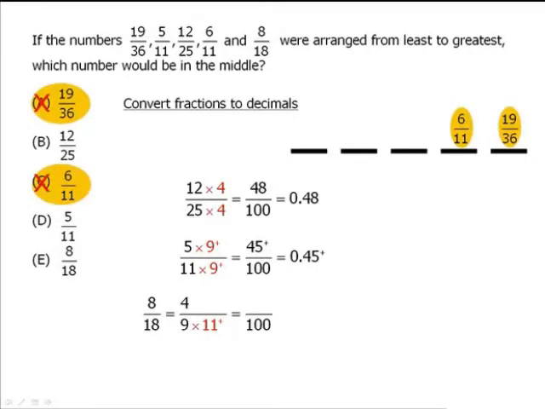Now we multiply the numerator by a number slightly larger than 11 to give us a number slightly larger than 44. And this converts to be equal to 0.44 plus a little bit more. From here we can see that our values in ascending order are 8/18 is the smallest number, followed by 5/11, and finally 12/25. Since 12/25 is our middlemost number, we know that the answer is B.